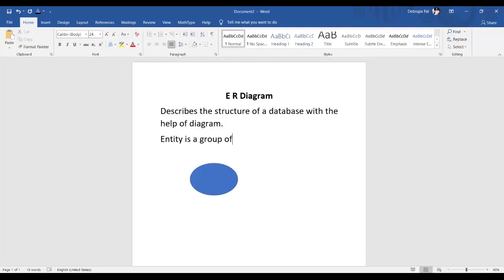Real world objects that is not recognizable, like person, place, event. You cannot recognize a person. We can recognize a person. Then give the proper definition of entity.